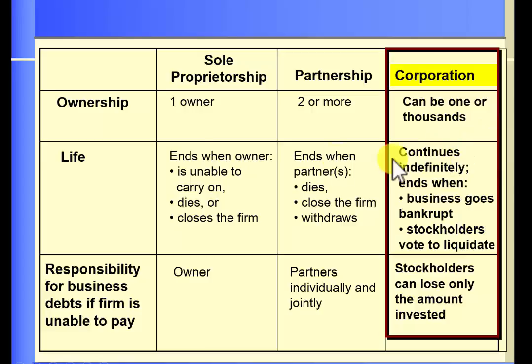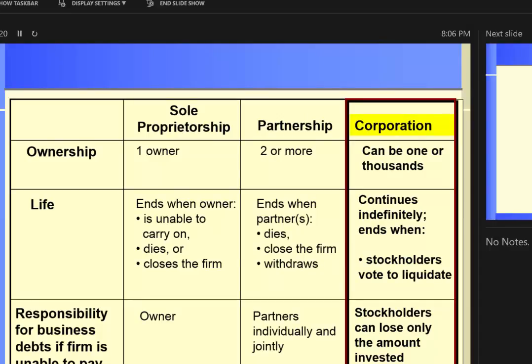Okay? So the life of a corporation is that it continues indefinitely, and it only ends when the stockholders vote to liquidate. Responsibility for business debts: if the firm is unable to pay, the stockholders can only lose the amount that they invested in their stock.